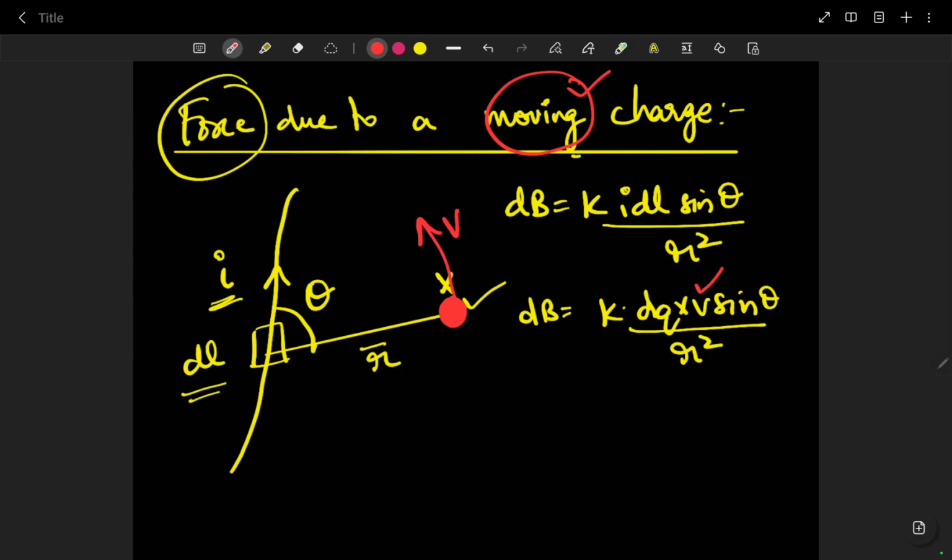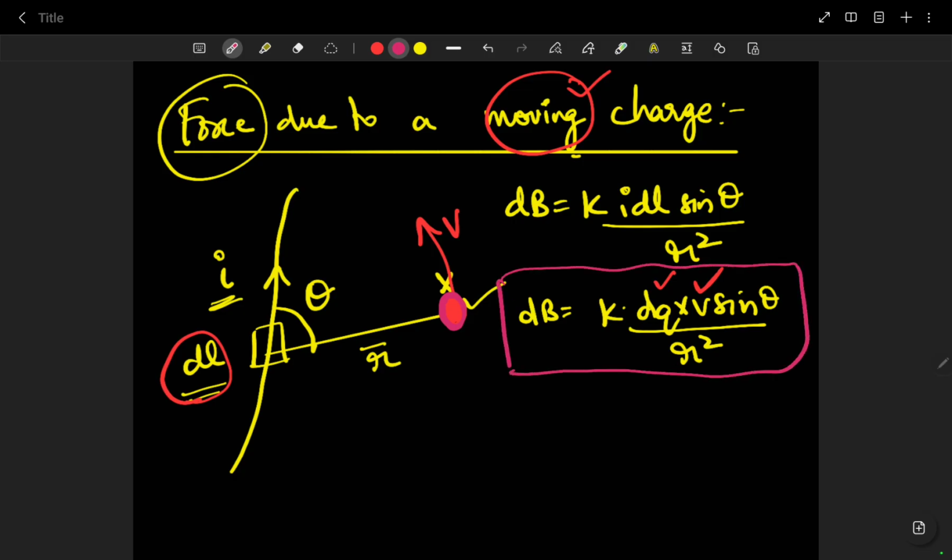That v variable I have included is the velocity of the charge, and this is dq, the small charge from this small element. This is the modification of what will happen if at this place the charge is actually moving with some velocity v. This is how your Biot-Savart law can be modified.